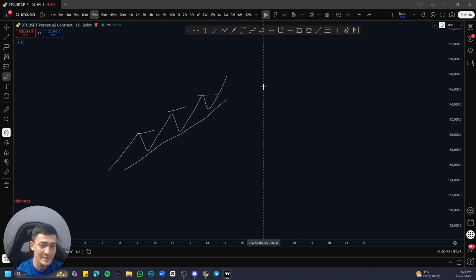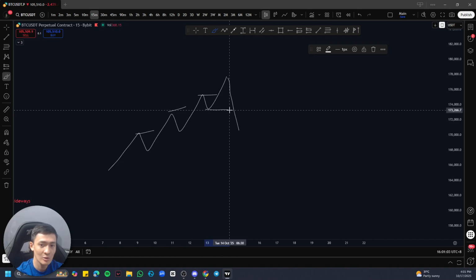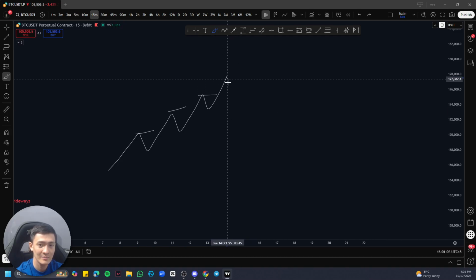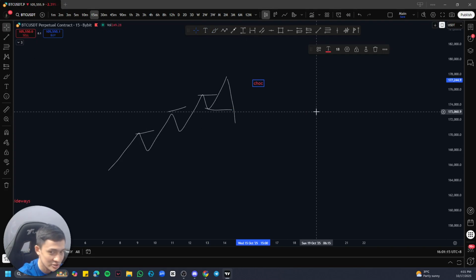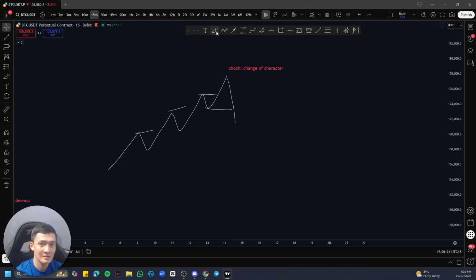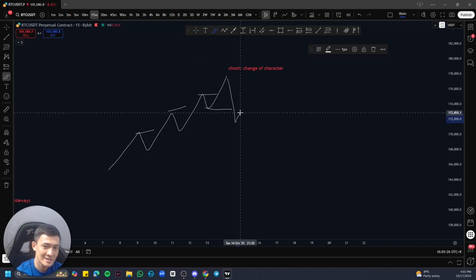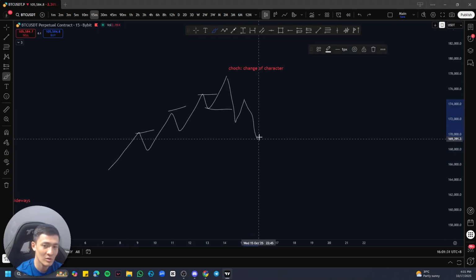But what happens when suddenly the floor breaks? The low is broken instead of a high being broken. Boom. This is what you call a ChoCh, or a change of character. This signifies that the probability of the market changing character from an uptrend to a downtrend has just become more likely.